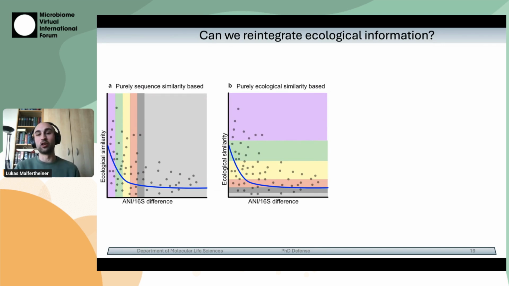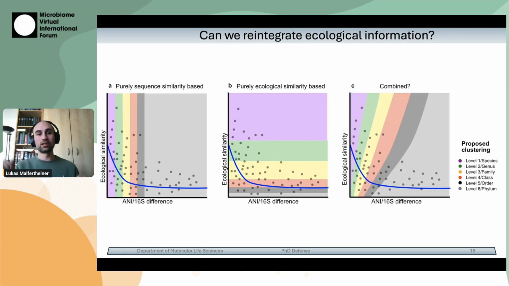And we think that by combining these two approaches, so taking a purely sequence similarity-based metric such as 16S similarity, but then also considering the average pairwise community similarity of these different species, we could get a more ecologically informed OTU clustering, which would then, for example, group things together that are very similar in terms of the communities, but split apart closely related species that are actually doing very different things.